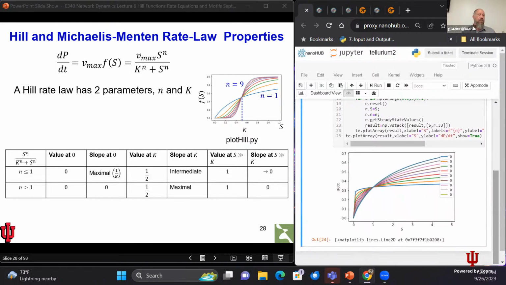And this is going to give me a different kind of set of curves that are what happens if you actually go below the Michaelis threshold.